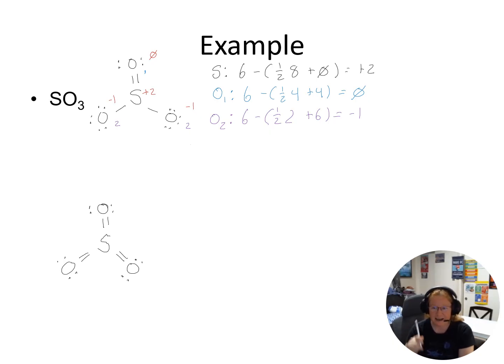This means that in period 3, even though we have not filled the d orbitals, we don't fill those till period 4, they exist. So my period 3 elements don't use the d orbitals for their ground state electron configurations. However, those d orbitals exist, they're empty, we can access them.